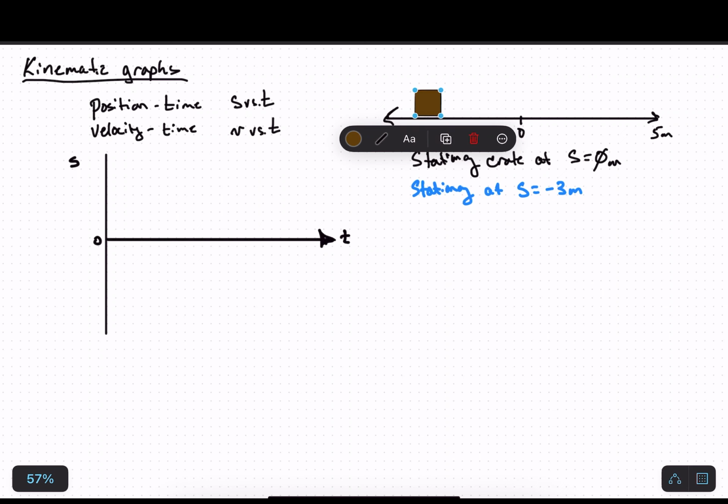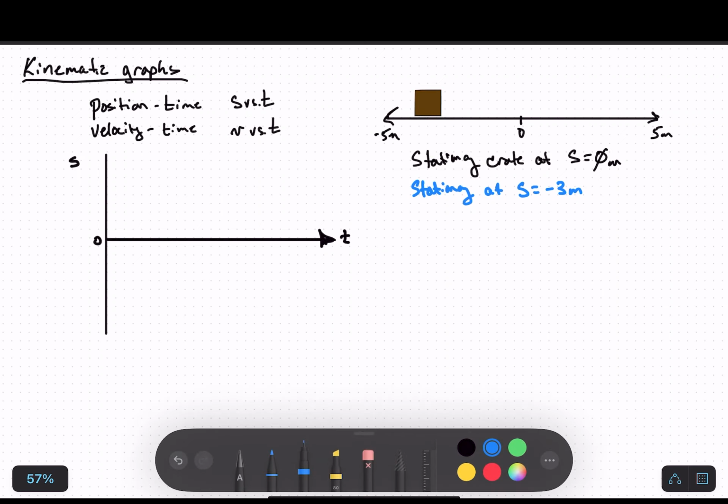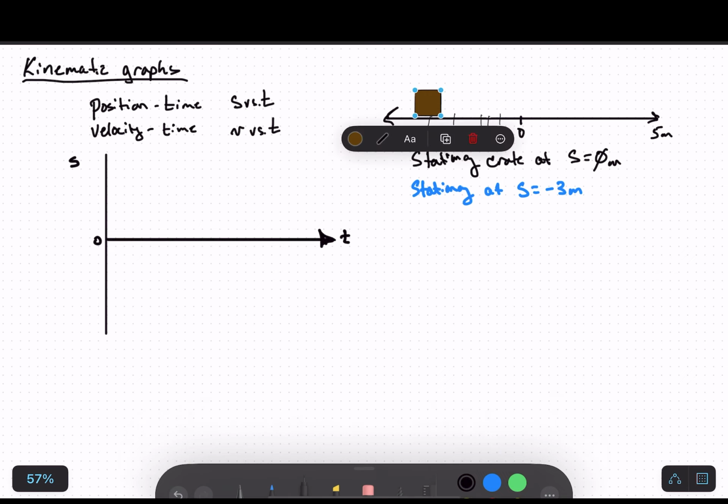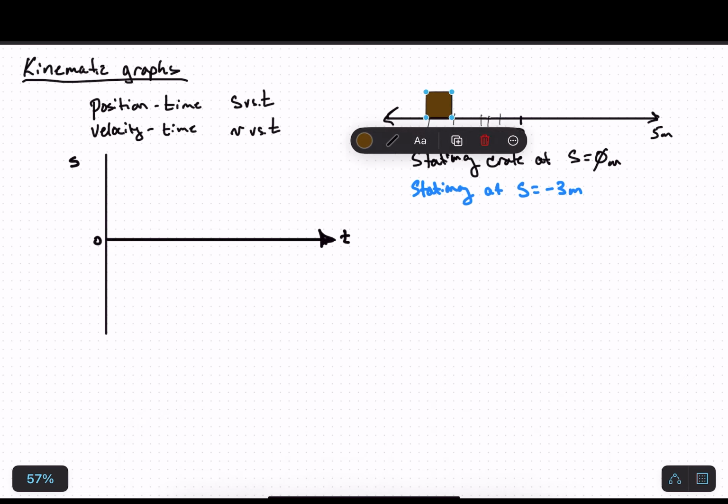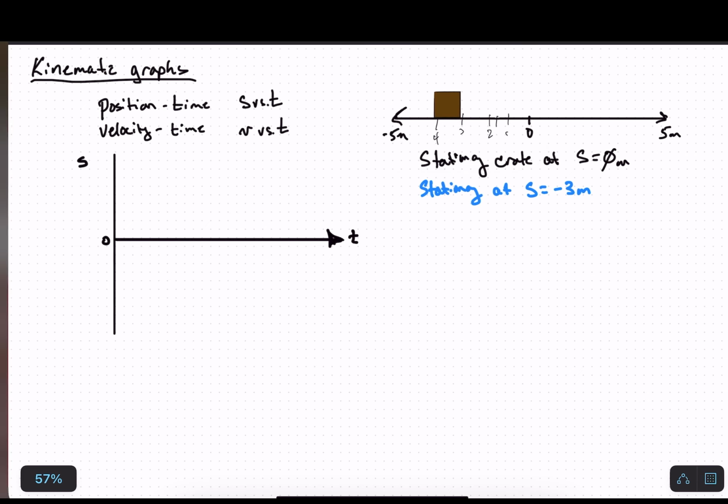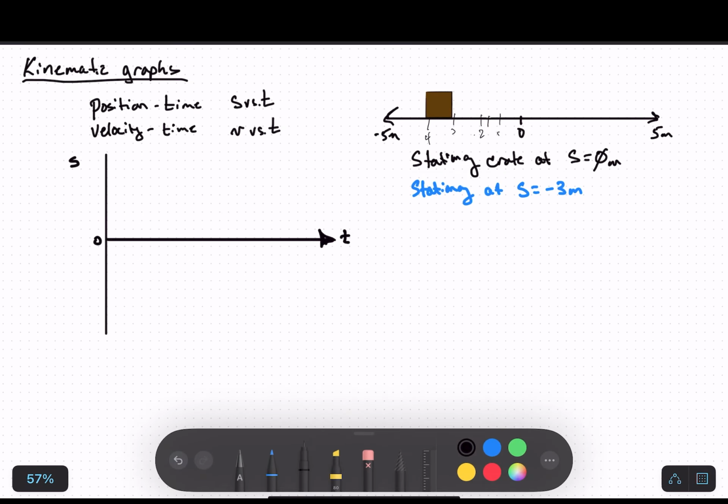So that's going to be about 3 meters, I figure. So it's 1, 2, 3, 4, 5. Move that right there to about 3. Ends at negative 3, right? So it's negative 3, negative 4, negative 5.